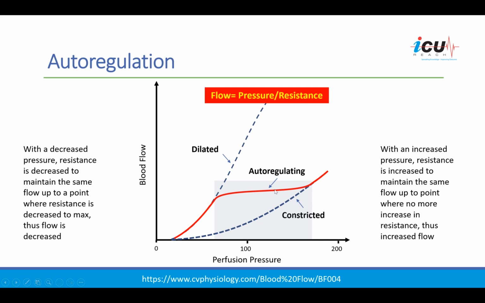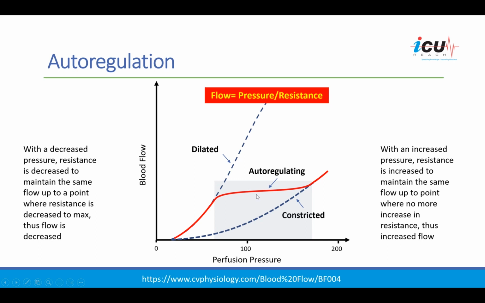As you see, the middle part of the line is maintaining the same blood flow despite changing perfusion pressure. So if the perfusion pressure is decreased, the blood flow is maintained the same.